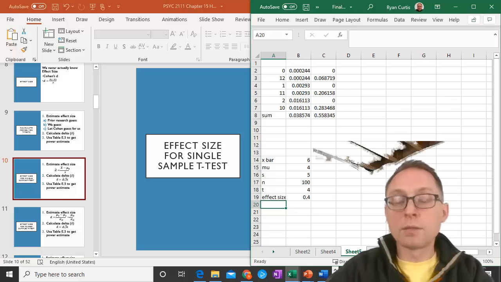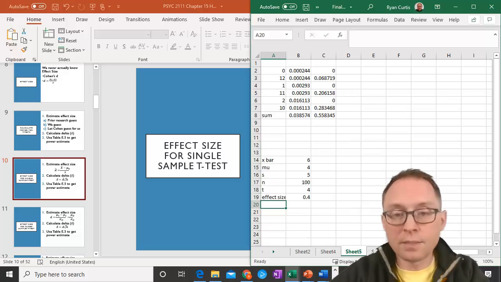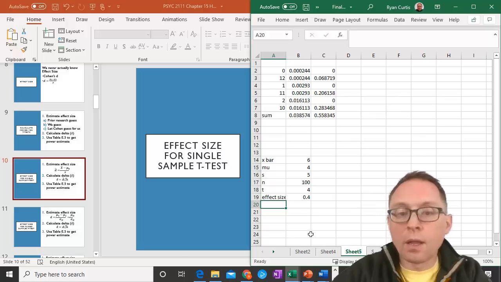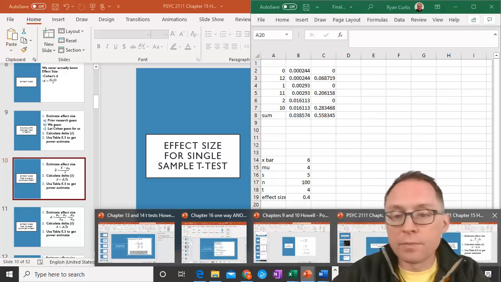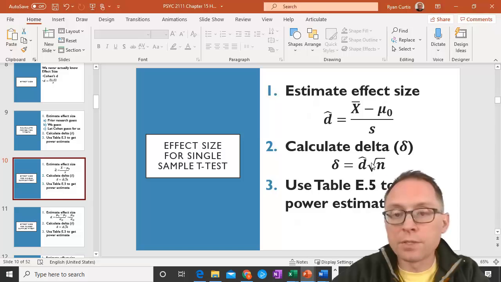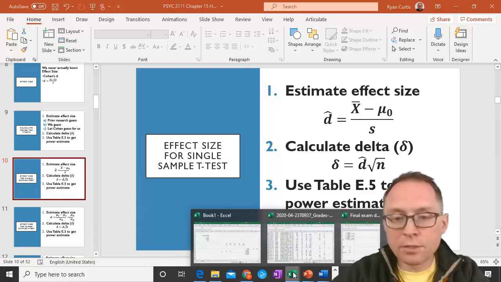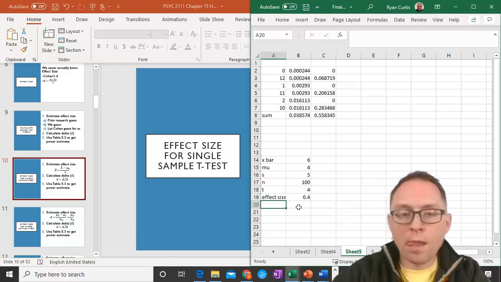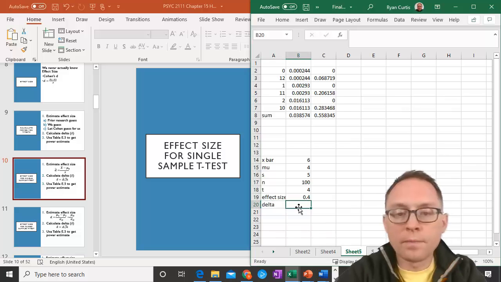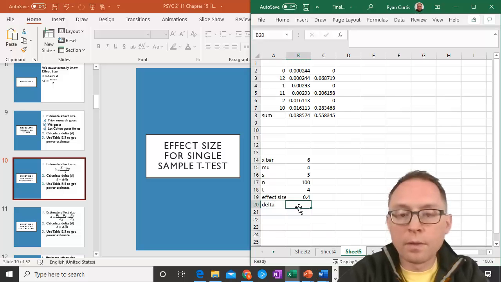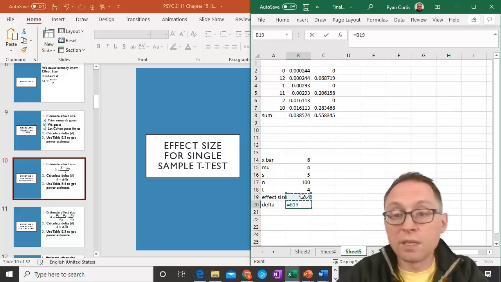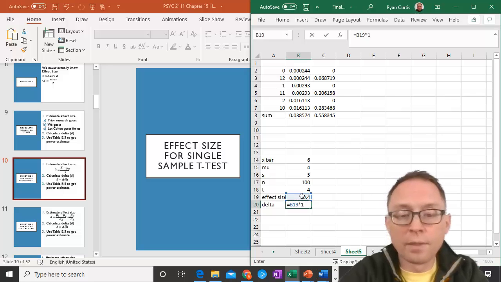For me to get delta, delta is going to be my effect size times the square root of n. So if you look at it right here, delta is the effect size times the square root of n. Okay, so let's go ahead and try to do that. Delta is this times the square root of n. Guess what? N is 100, so the square root of n is 10.